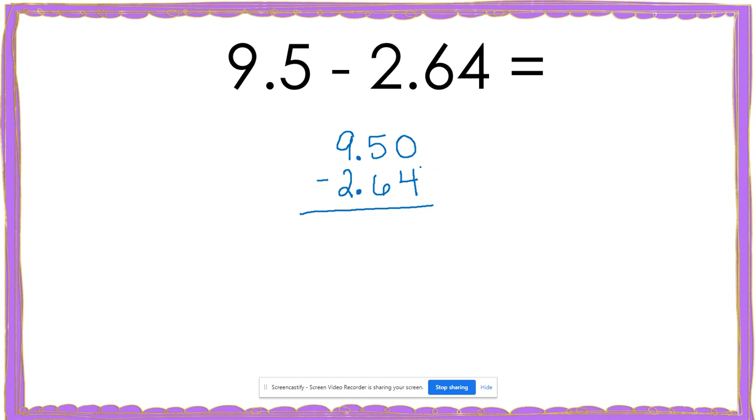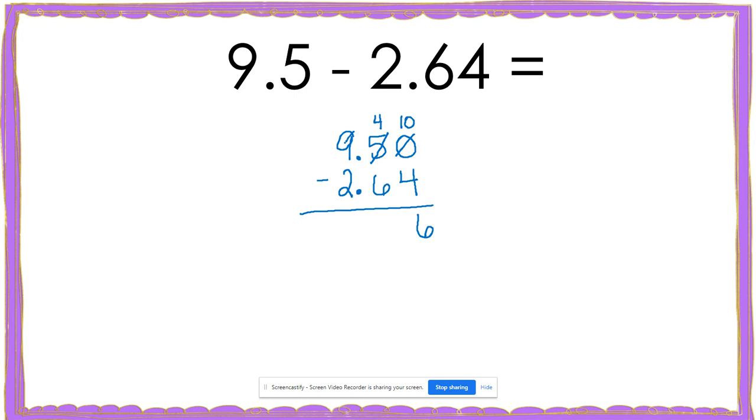Now I can subtract like normal. I know that I can't take 4 away from 0, so I'm going to borrow from the 5. That's going to make my 5 a 4, and that's going to change my 0 to a 10. 10 minus 4 gives me 6. And now I can do 4 minus 6, but I know that I can't take 6 away from 4.